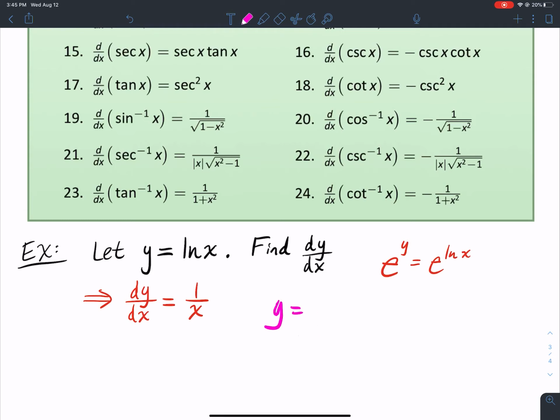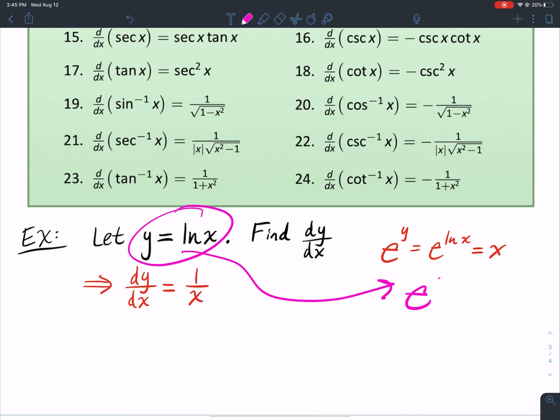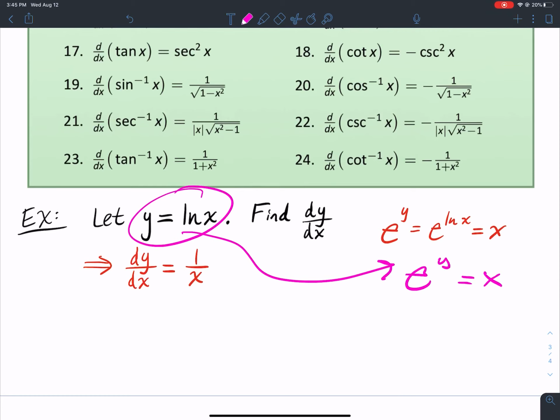Now, what do I know about e and ln? e and ln are inverses of each other, so they're going to cancel each other out, and so this is equal to x. So we just took y equals ln x and we transformed it into e to the y equals x.